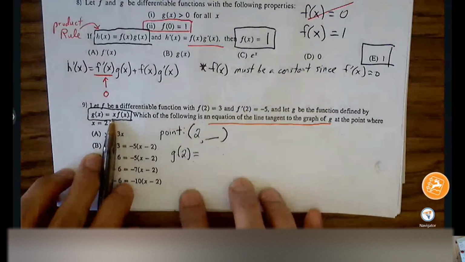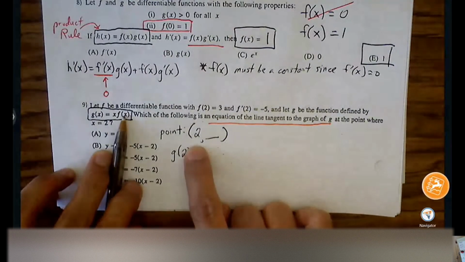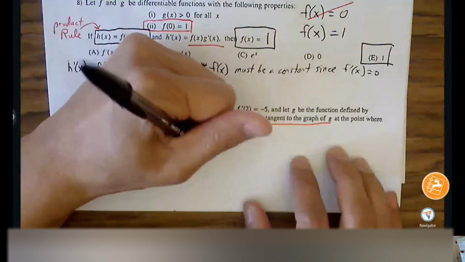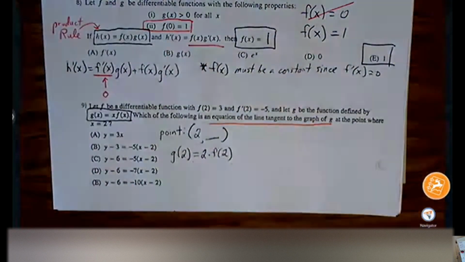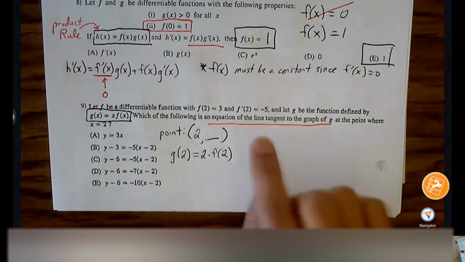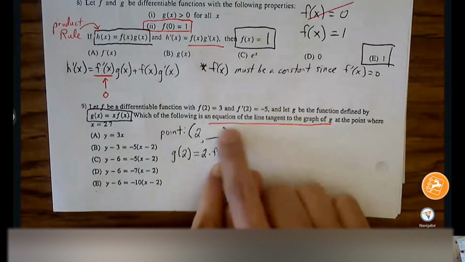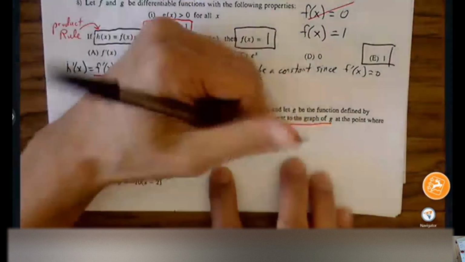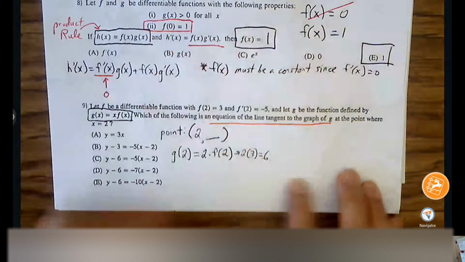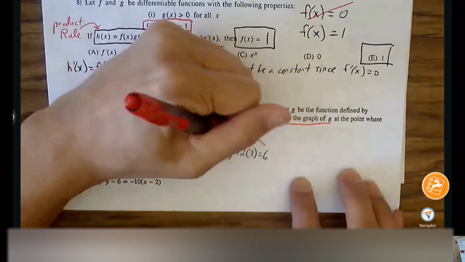Replace x with 2 here: 2 times f of 2. We know f of 2 is 3, so 2 times 3 is 6. So there's our ordered pair.